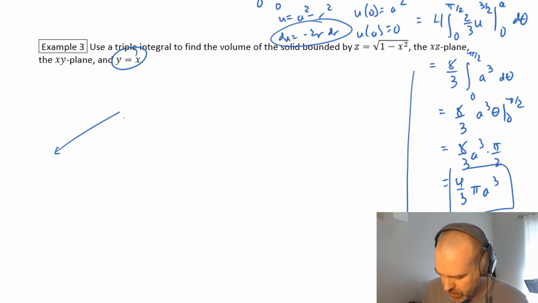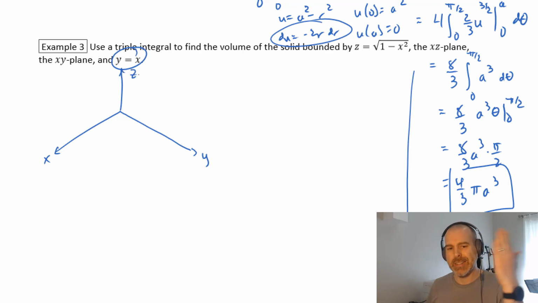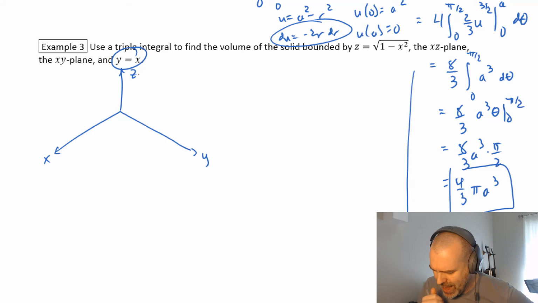Well, we are only in the first octant because we are bound by the xz plane and the xy plane. And then y equals x, so z is fixed there, right?